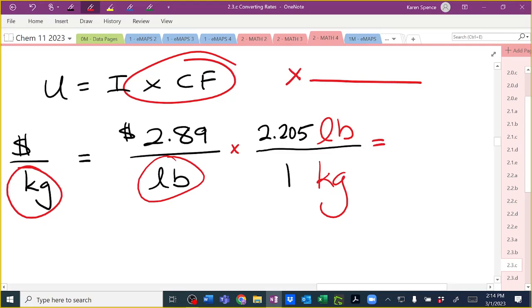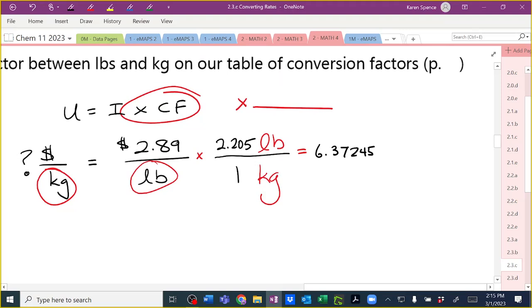Let's do the calculation. 2.89 times 2.205 equals, and we get 6.37245. Should I put a box around that? Am I done? No, I'm not done yet.